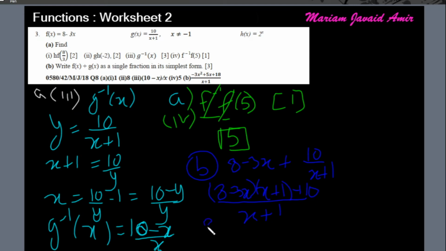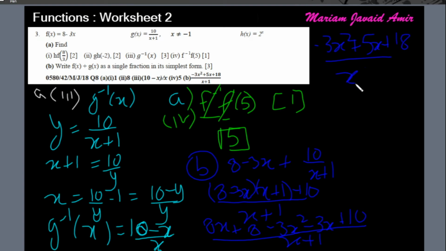Open brackets 8x plus 8 minus 3x square minus 3x plus 10 over x plus 1. Next we get 5x minus 3x square plus 18 over x plus 1, which is the answer for part B.